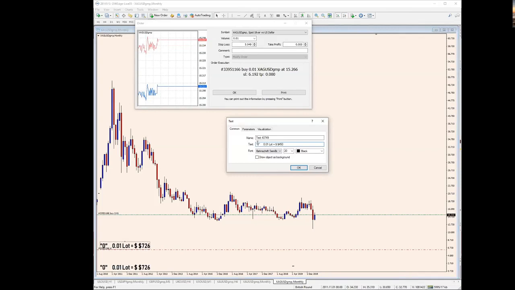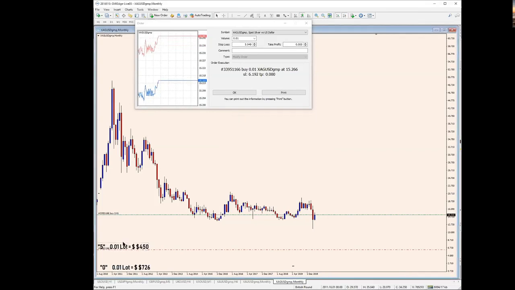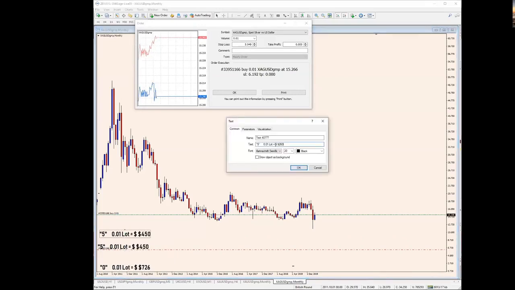And if I want to place my stop loss at $10, it requires only $260.